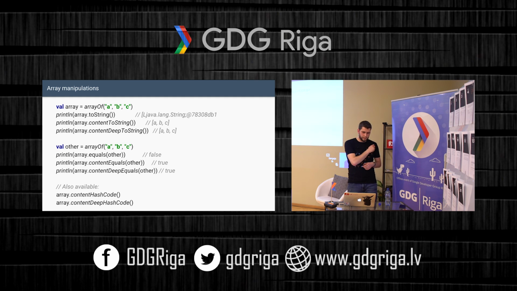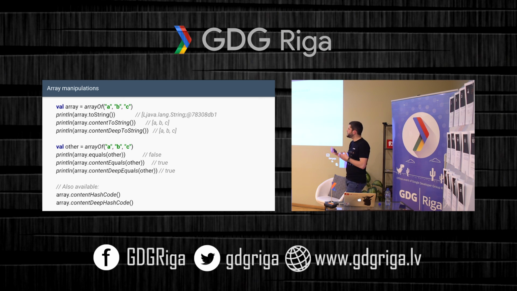And arrays, they have improved arrays quite a lot. Previously, if you had an array of data, which maps to simple Java arrays, and you called toString on the array, it returned some Java nonsense. Now you have contentToString, which returns an actually useful content string of the array.